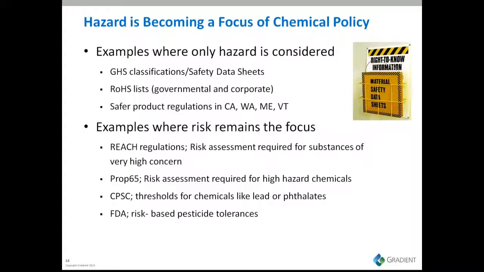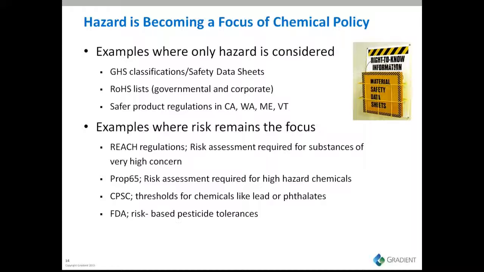So hazard is really becoming a focus of chemical policy. Again, there are some places where only a focus on hazard is considered. So I mentioned GHS and safety data sheets. Also, hazard is a really big focus of some of the restriction on hazardous substance lists, for example, in Korea and other countries, as well as on the corporate level, where a number of companies are using hazard to identify chemicals they don't want in their products.